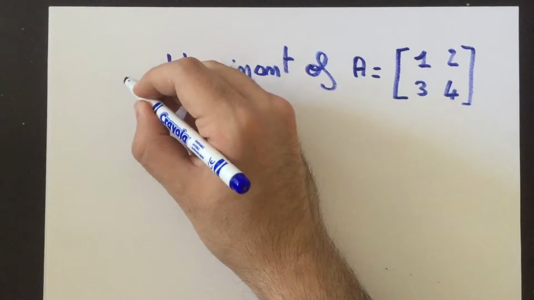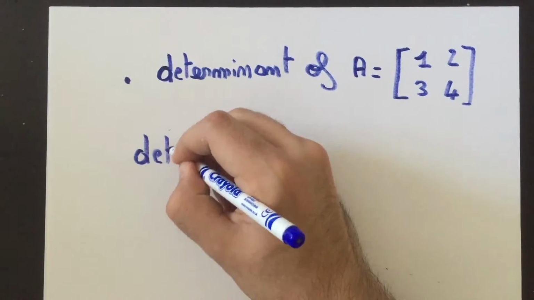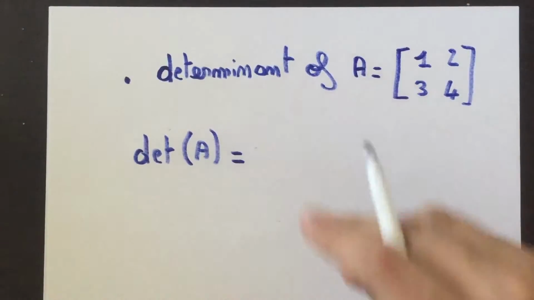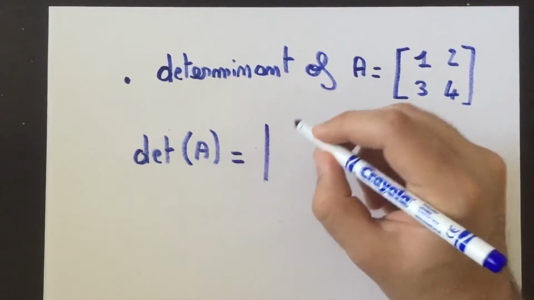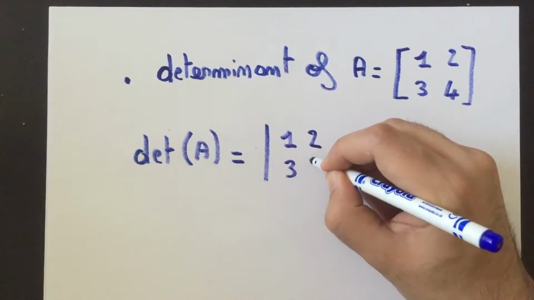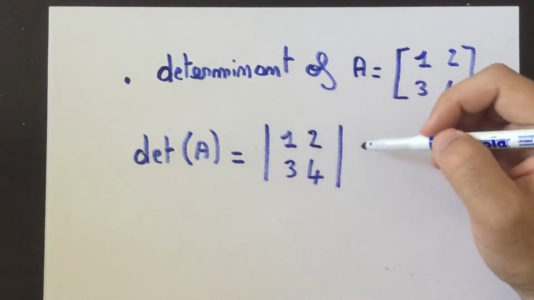So this determinant that A can be written 1, 2, 3, 4 with 2 bars there.